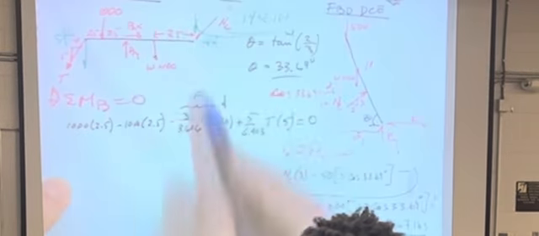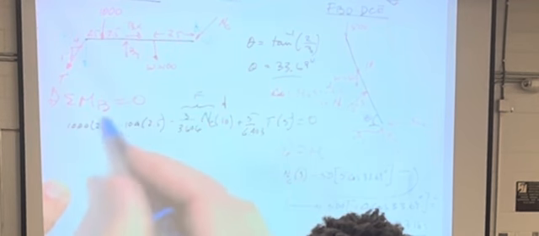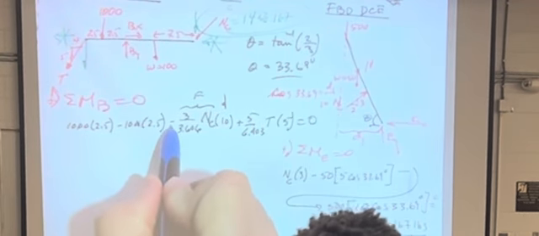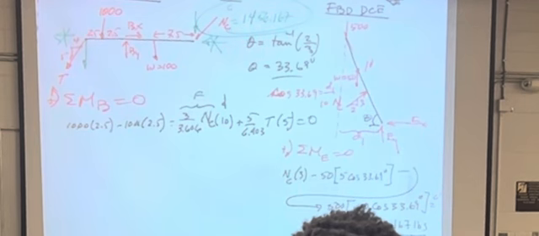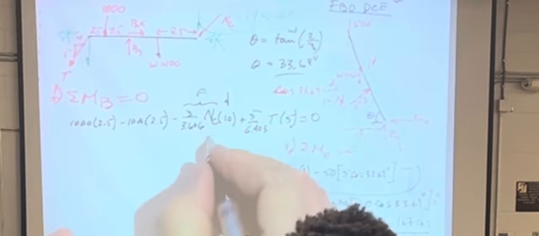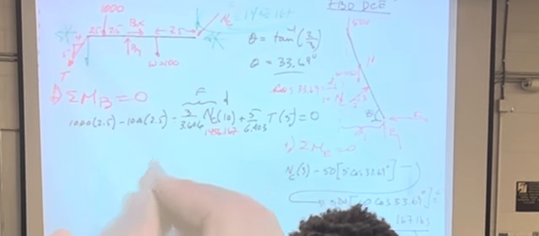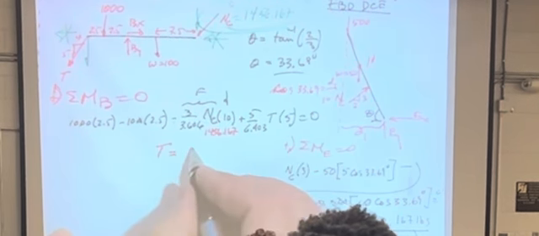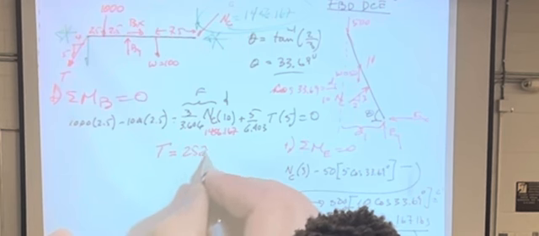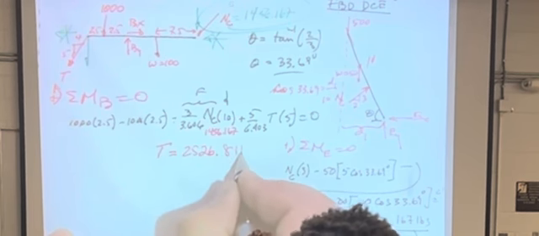That creates nothing, but this one creates a clockwise. You can see, put a negative on it. Dump in your NC, 1456.167. T comes out 2526.8 pounds.